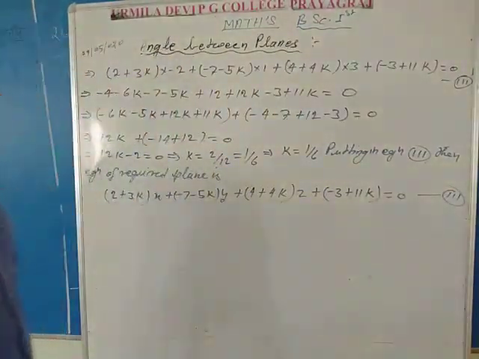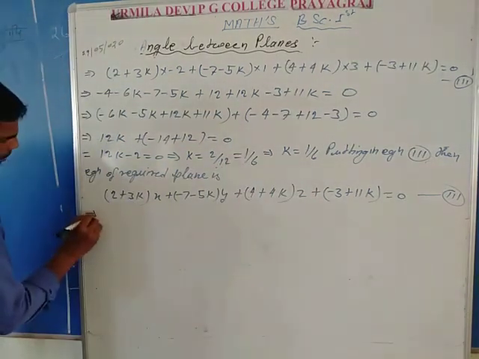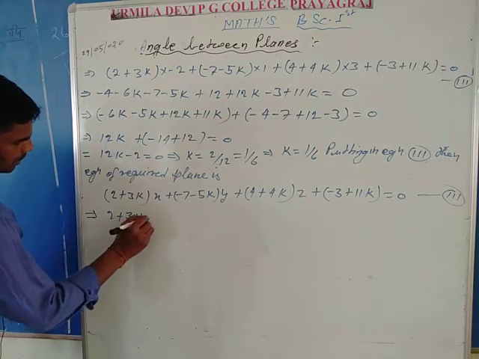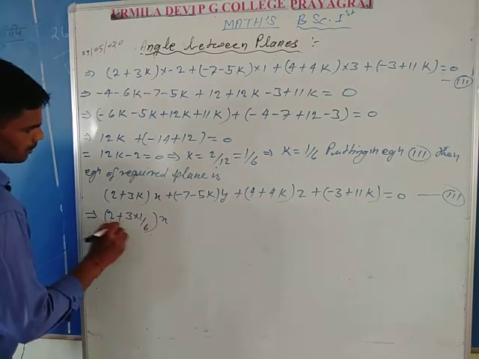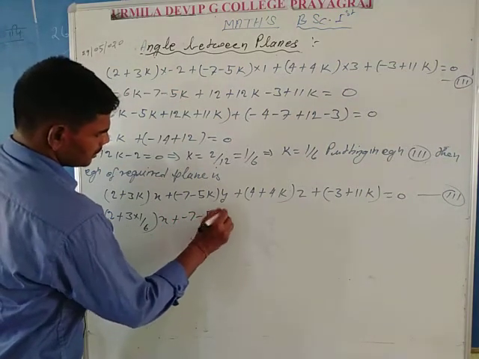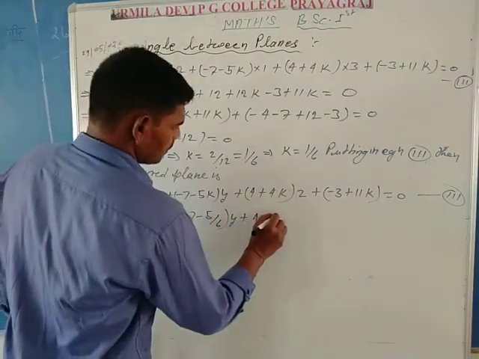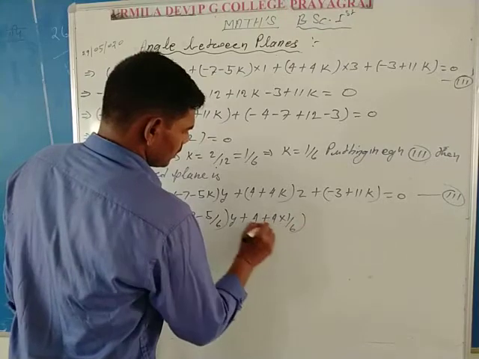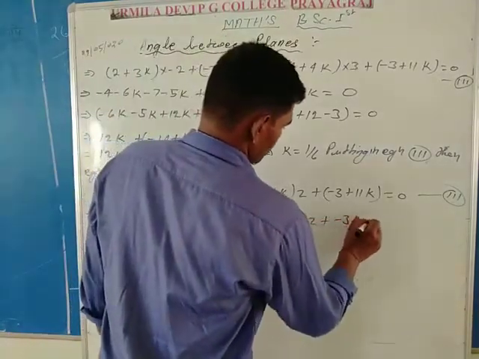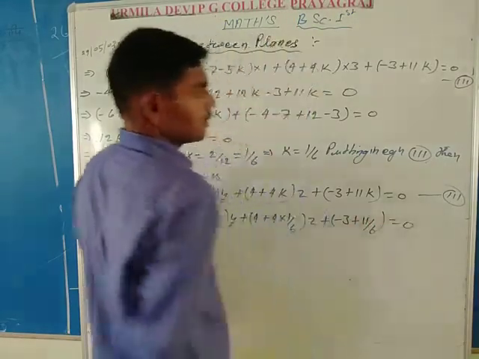In this equation, putting the value k is equal to 1 by 6, the required plane is (2 + 3 times 1/6)x plus (-7 - 5/6)y plus (4 + 4 times 1/6)z plus (-3 + 11/6) is equal to 0.